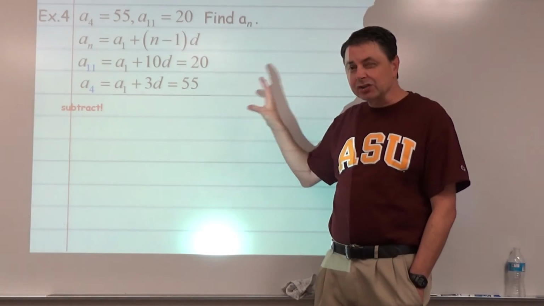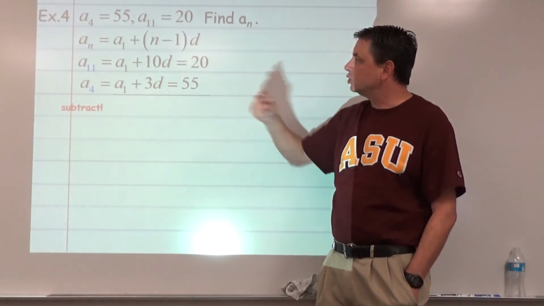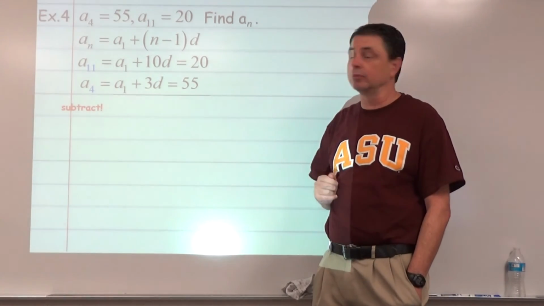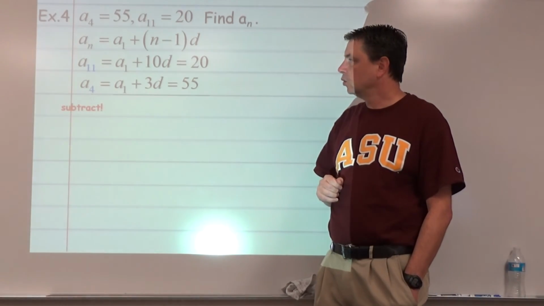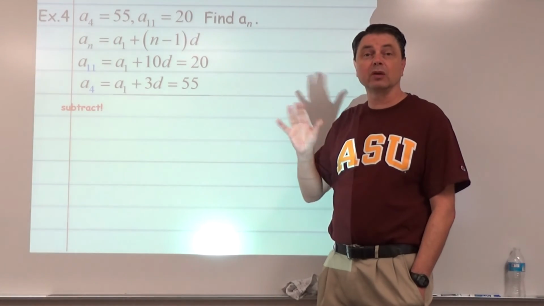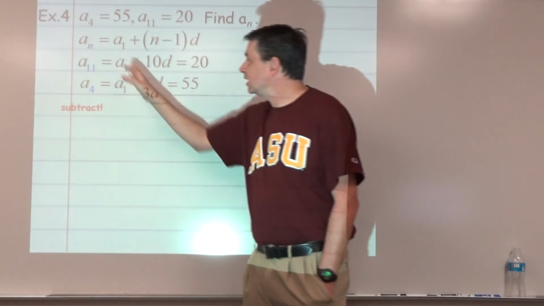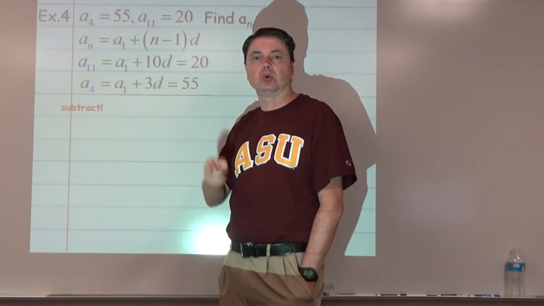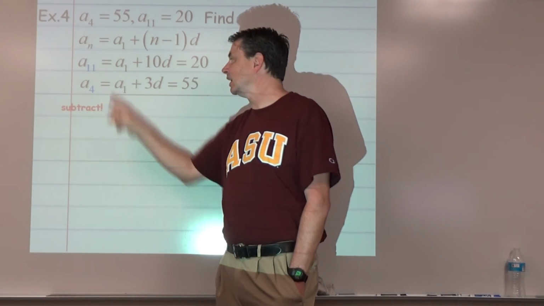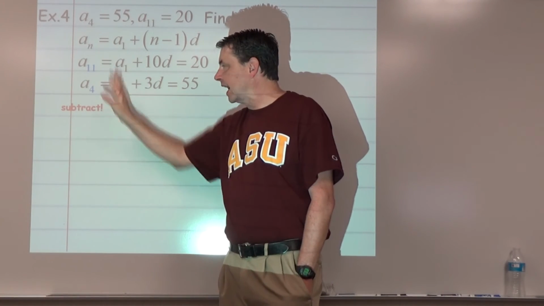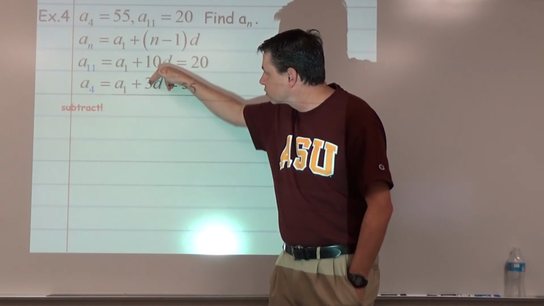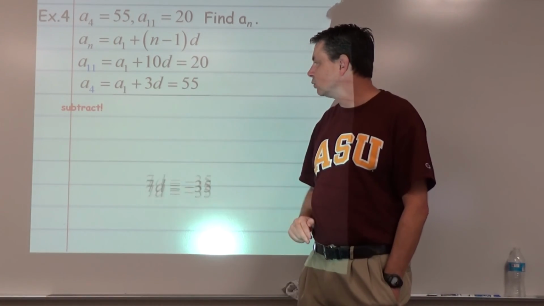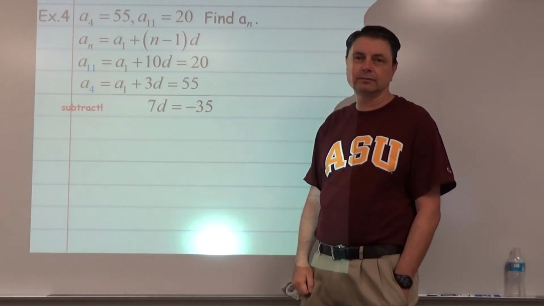Now this is a special type of system where we have two unknowns. We have a sub 1 and d that are both unknowns. What we can do, which is a little bit different than when we did the addition method, is because these are guaranteed to match, we can just subtract our two equations to eliminate the a sub 1s. Subtract, cancel. Subtract 7d equals negative 35.